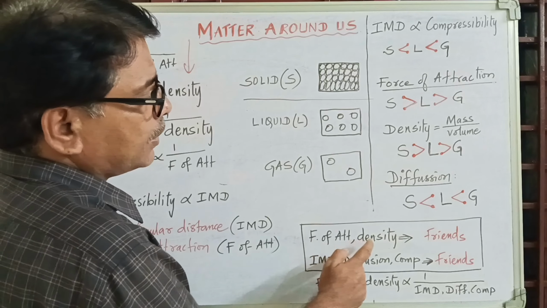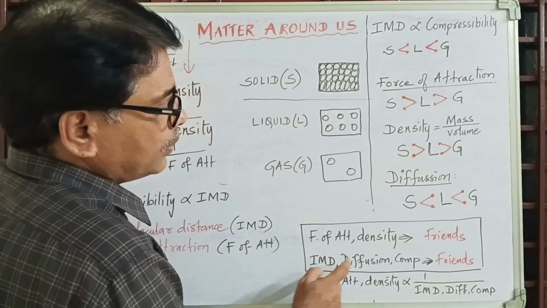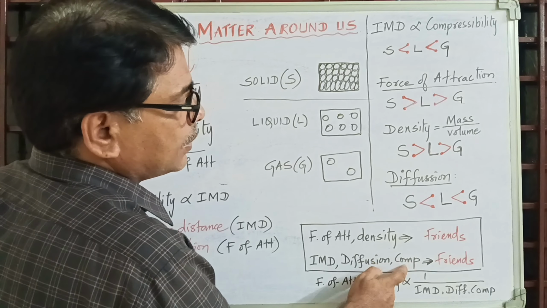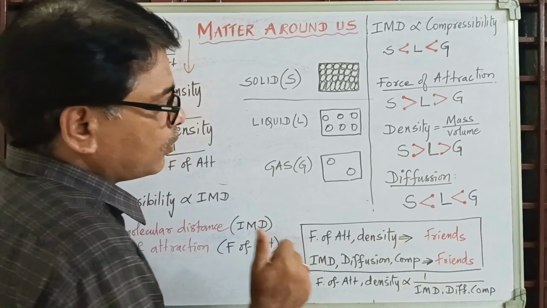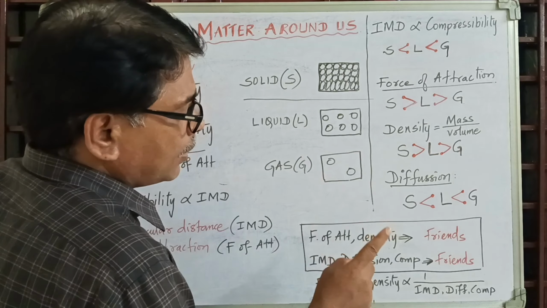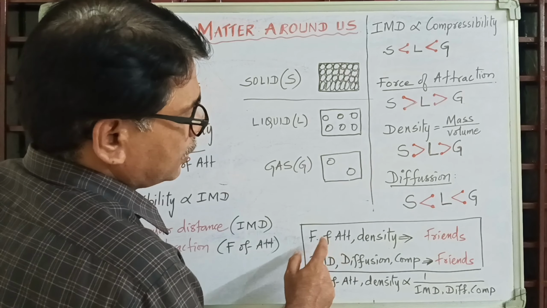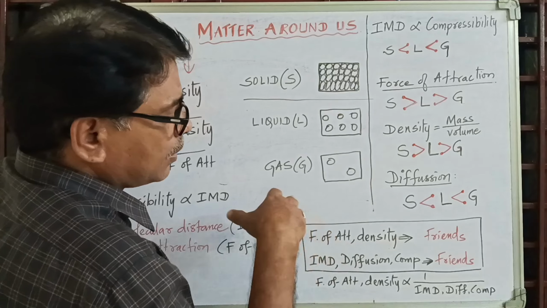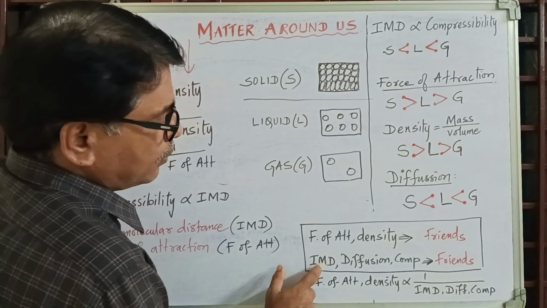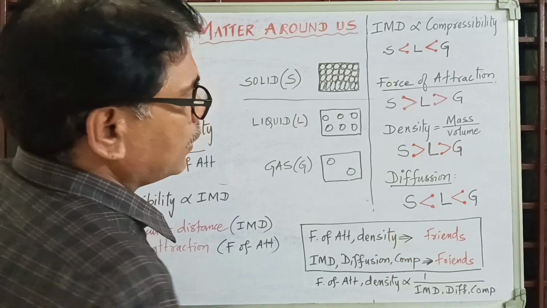So force of attraction and density are friends, and intermolecular distance, diffusion and compressibility are friends. That means force of attraction and density have a common enemy. They are inversely proportional. Force of attraction and density are inversely proportional to intermolecular distance, diffusion and compressibility.